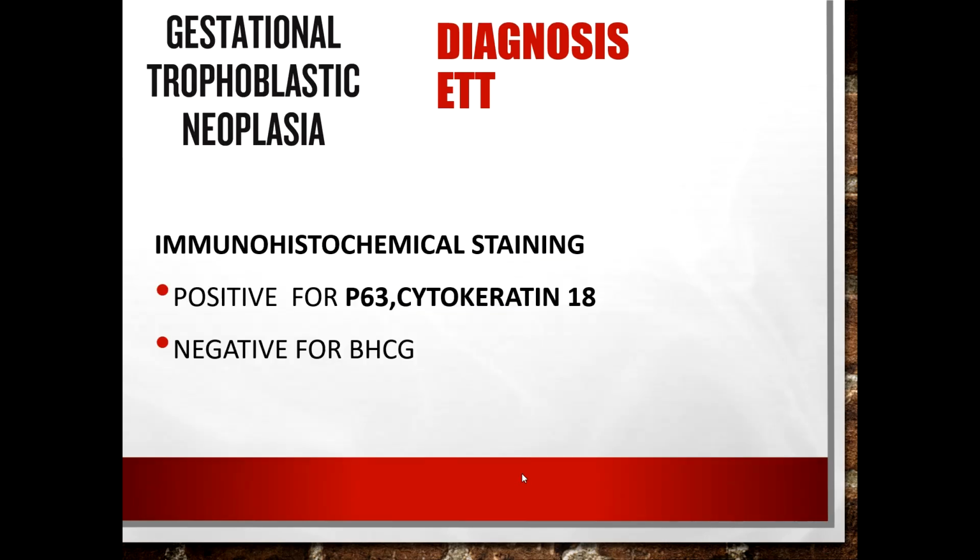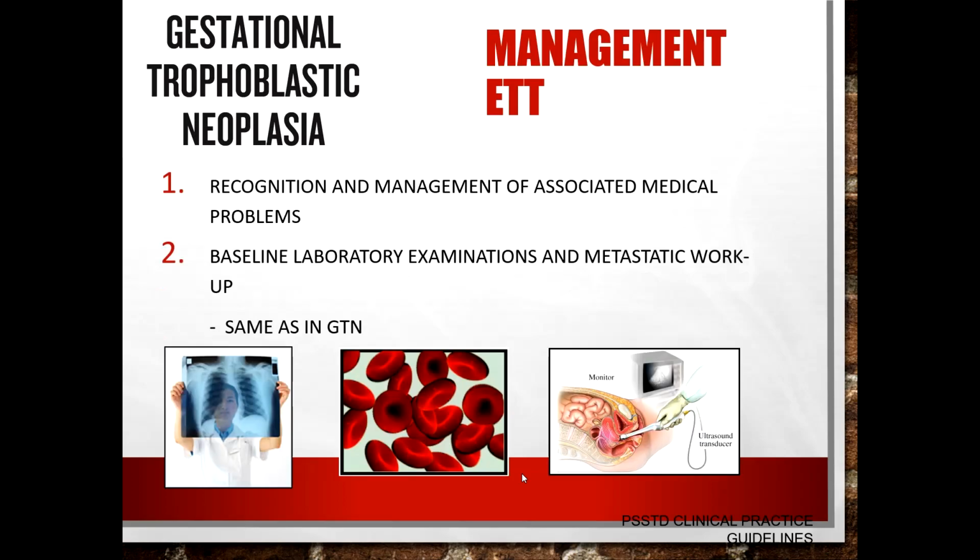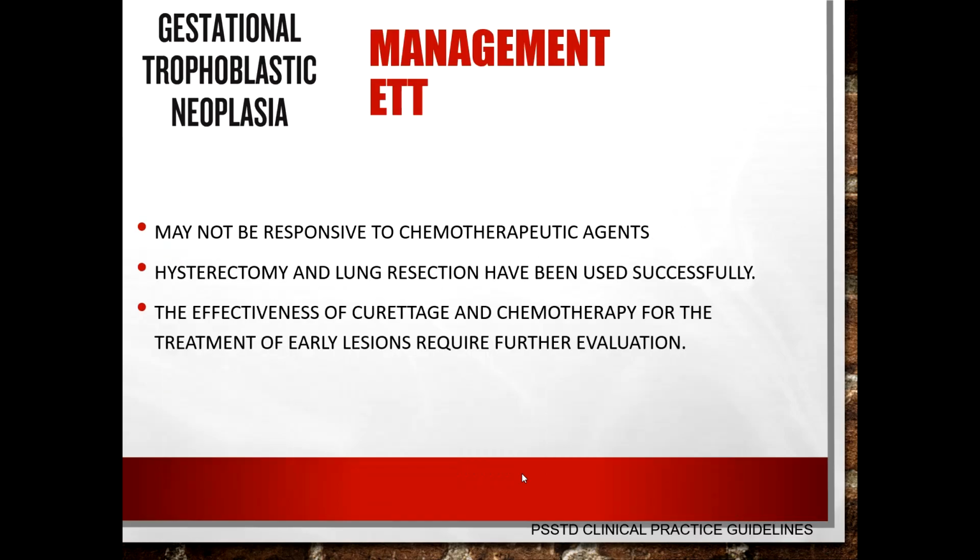So immunohistochemical staining, again, positive for P63 and cytokeratin 18 for your ETT and negative for HCG. Same management applies. However, surgery is a primary treatment for ETT, and due to its rarity, the biologic behavior has not been firmly established.